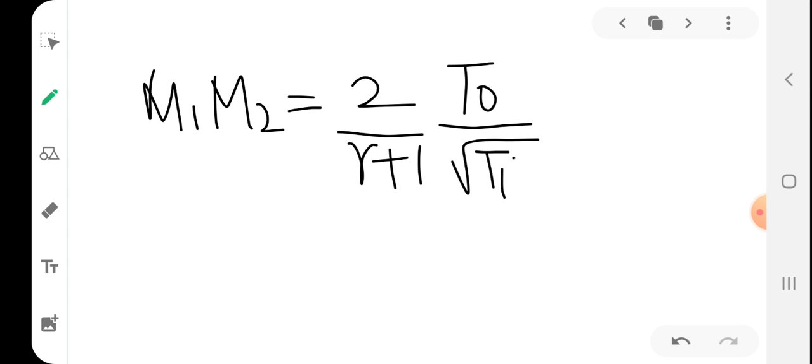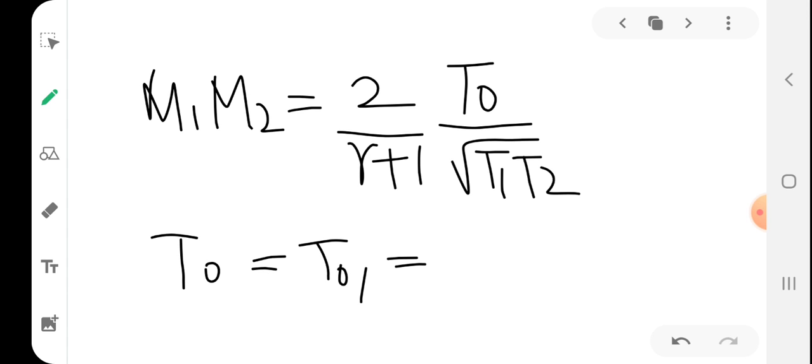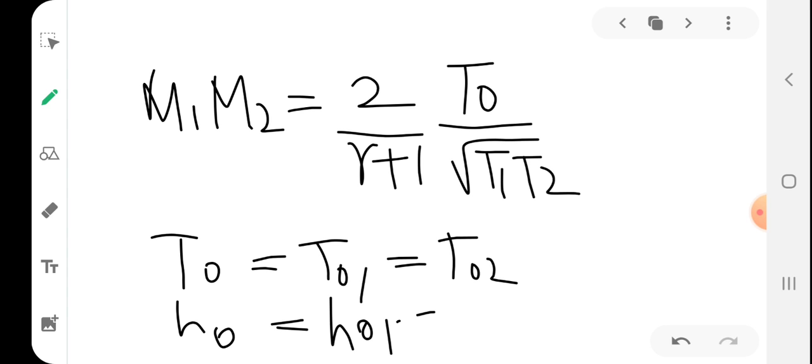So actually students, T0 is equal to T01 is equal to T02. The stagnation temperature is the same for both sections, so it does not change. Because H0, the stagnation enthalpy, is also constant: H0 equals H01 equals H02.